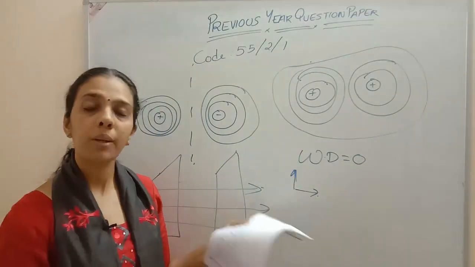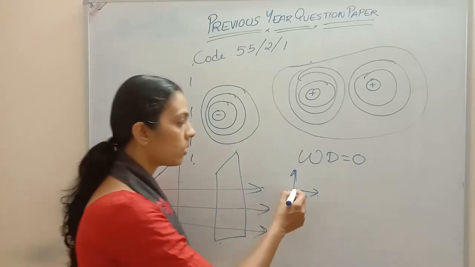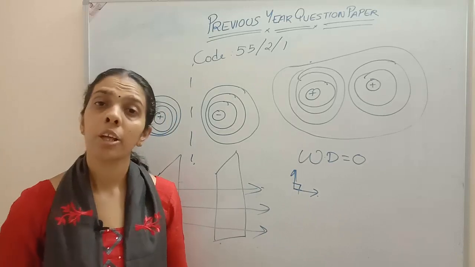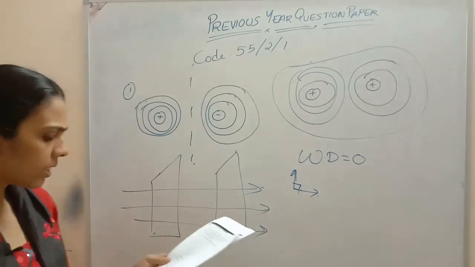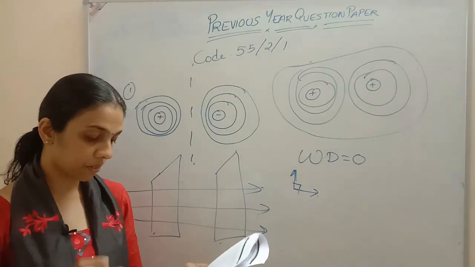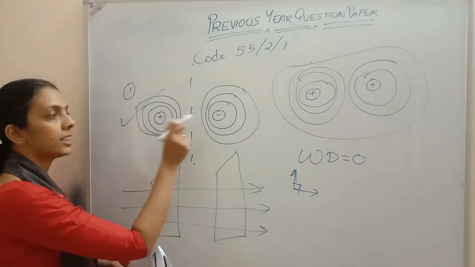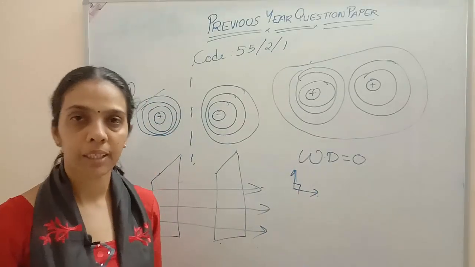So that is about the equipotential surface. Here it is asked to draw the equipotential surface of an electric dipole. A dipole means positive and negative charges separated by a distance.